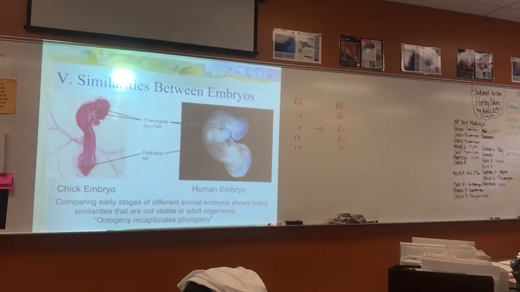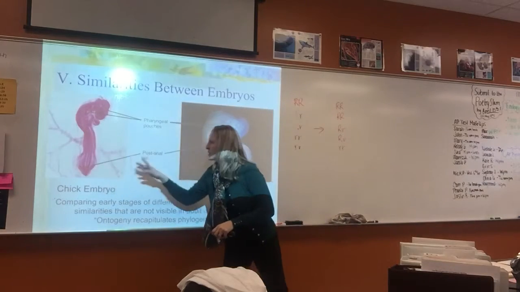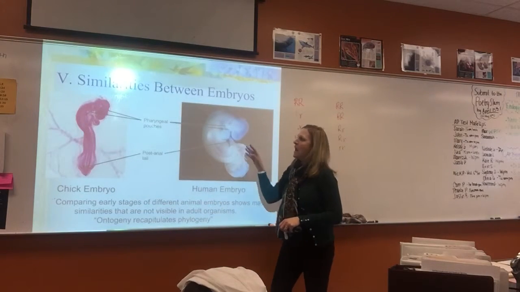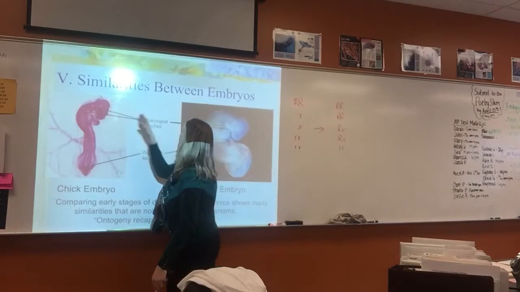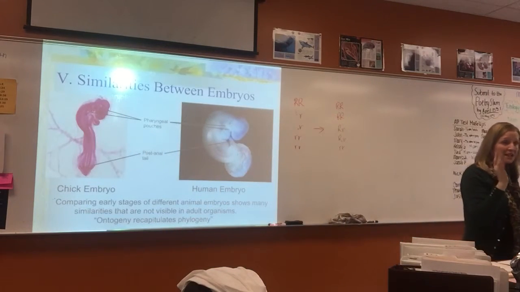So looking at different stages of development, at some point in human and chick development there's a post-anal tail, and we have these pharyngeal pouches that in fish actually develop into gills.